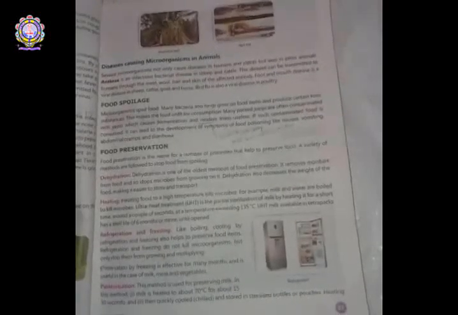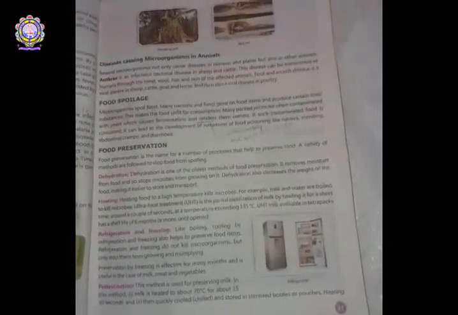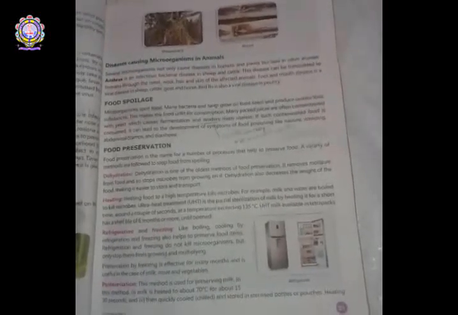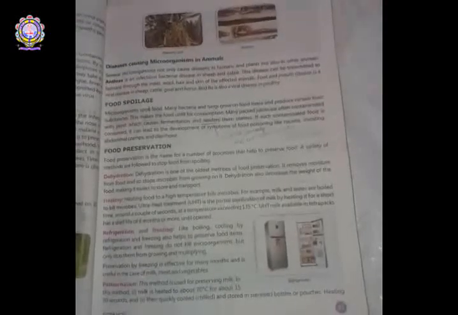The next process is heating. Heating is the most important process of food preservation. In this process, a high temperature kills microbes. For example, milk and water are boiled to kill microbes.